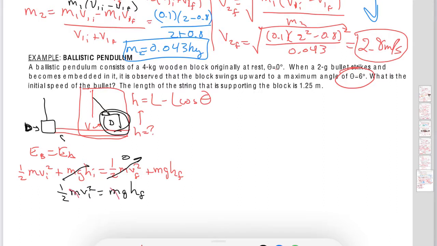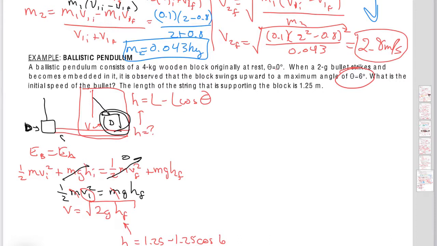The m's cancel out, and I solve this for v initial squared, which ends up being the 2gh final that we've gotten in the past. But this h final is h equals 1.25 minus 1.25 cosine 6. You can plug it in or do that in a calculator.